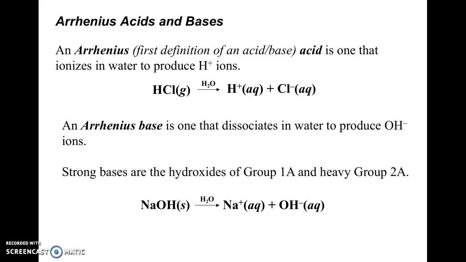Hydroxides of group 1A and the heavier members of the group 2A groups. And so you have sodium hydroxide, and it dissociates and produces a hydroxide ion. So those are strong bases.